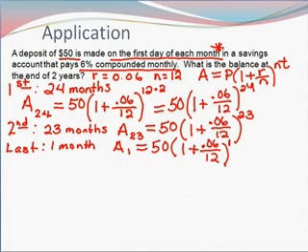If we simplify what's in the parentheses, we get A1 equals 50 times 1.005.